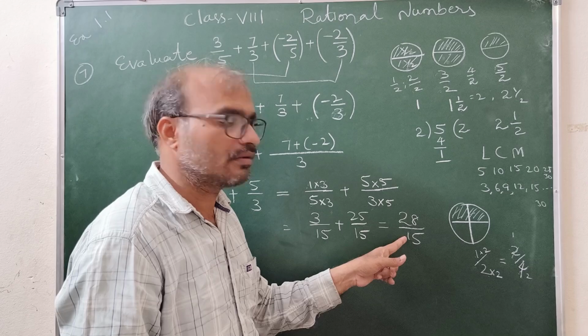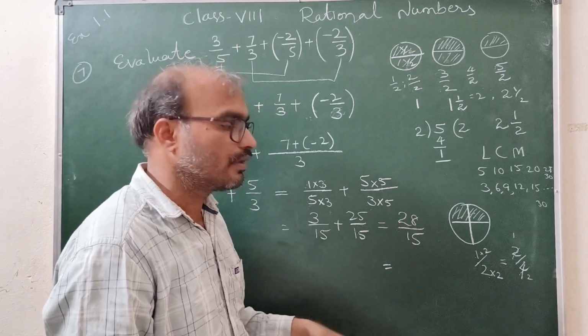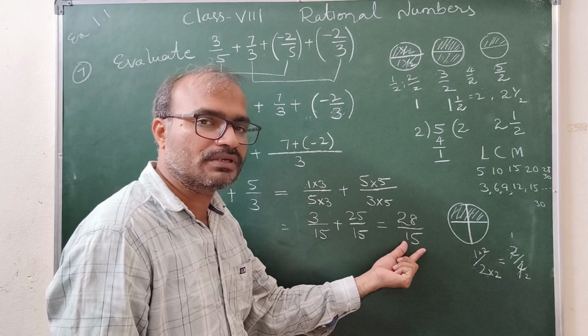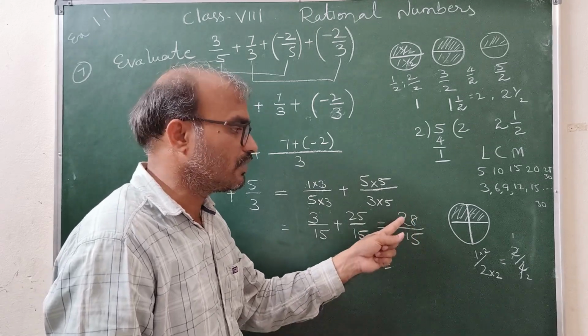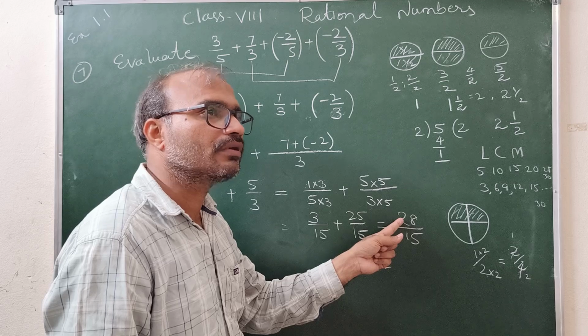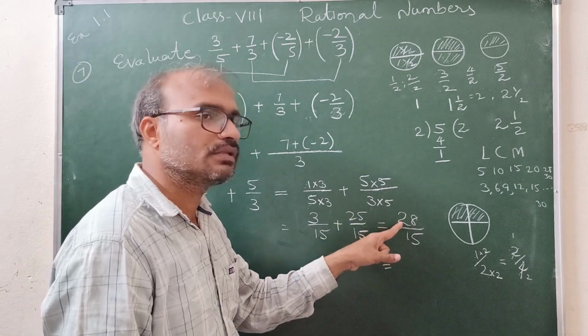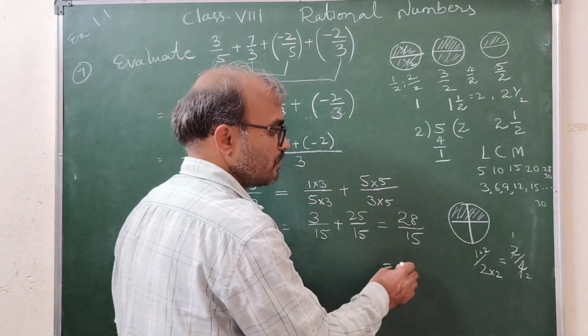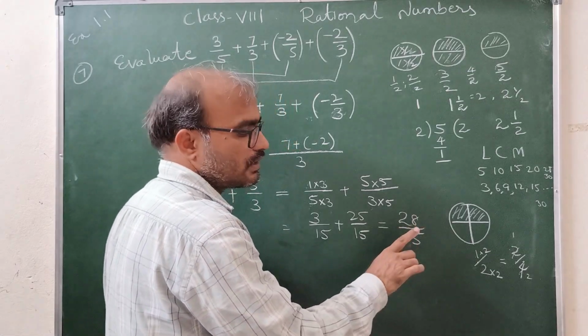This is called 28 by 15, which means in one whole 15 parts are made. If in one whole 15 parts are made, now you can get it by mental calculation. 28 parts are there. If two wholes are there, total 30 parts will be there. But these are less than 30 parts. So there will be one whole, and 15 parts are gone.